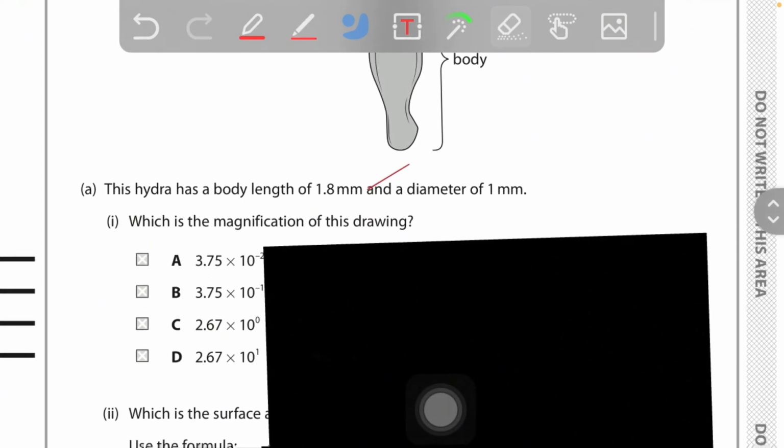This hydra has a body length of 1.8 millimeter and a diameter of 1 millimeter. Which is the magnification of this drawing? There's a formula for finding magnification.